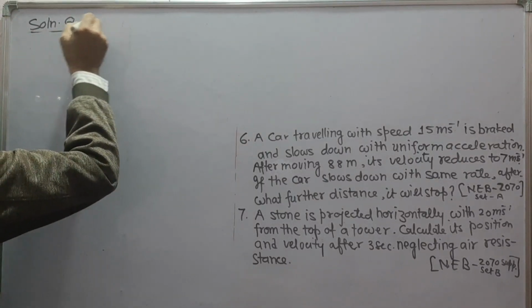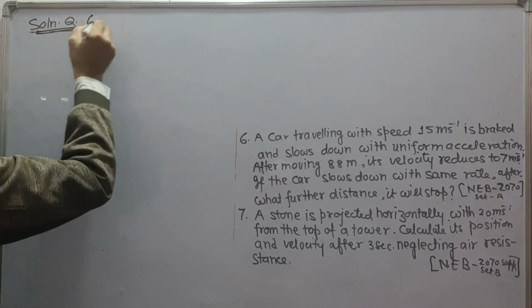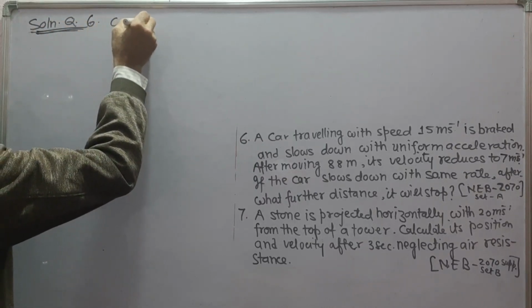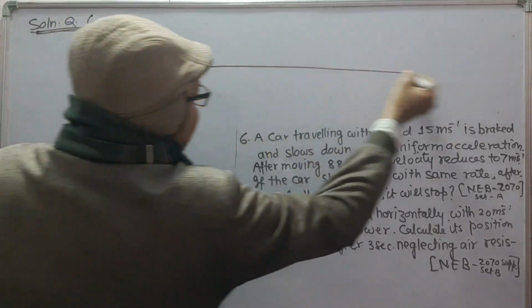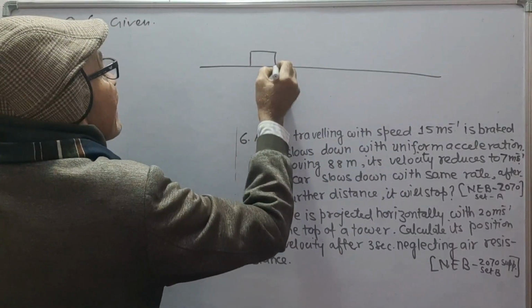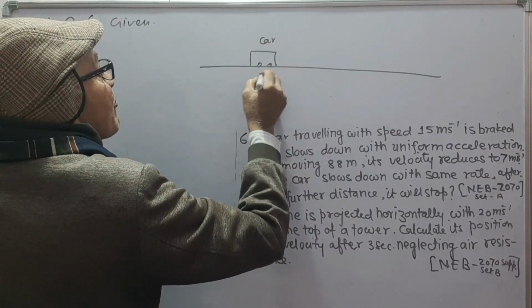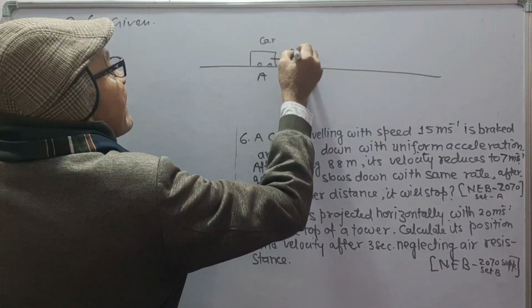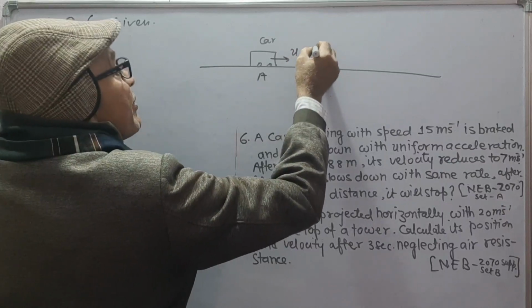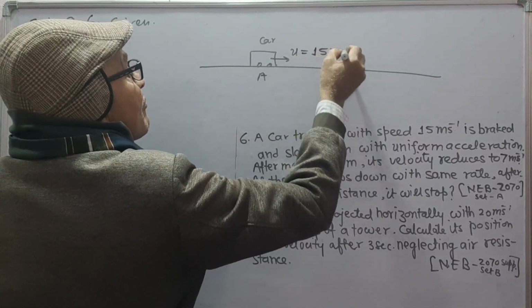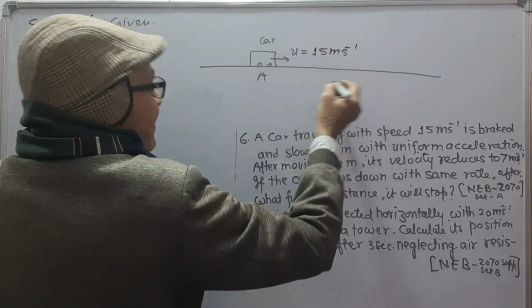Solution to question 6. Given: suppose this is the car at point A, its velocity u is equal to 15 meter per second.